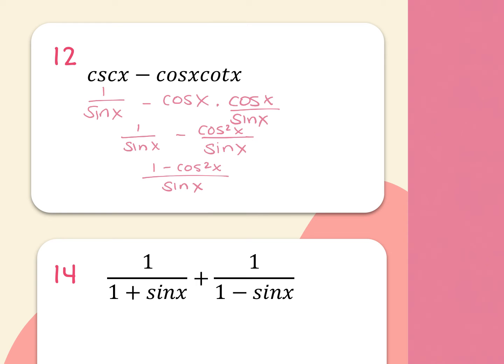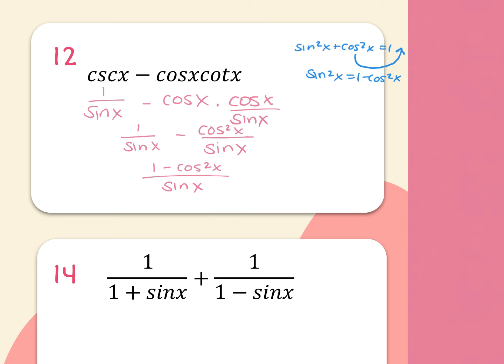What is 1 minus cosine squared? Remember, it's sine squared x plus cosine squared x equals 1. So if I move the cosine to this side so that it says sine squared x equals 1 minus cosine squared x, what can I replace 1 minus cosine squared x with?